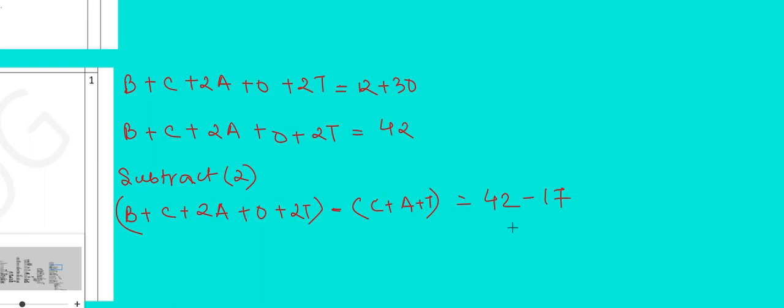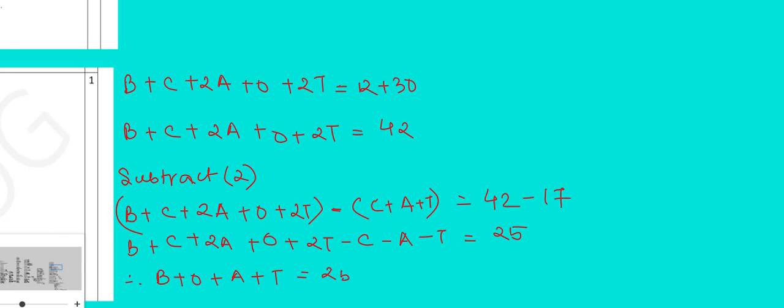The value of this was 17 and this we got here after adding was 42. So now B plus C plus 2A plus O plus 2T minus C minus A minus T. Why? When we open the brackets, all the plus signs change into minus, and therefore after subtracting them we get 25. Therefore B plus O plus A plus T is equal to 25.